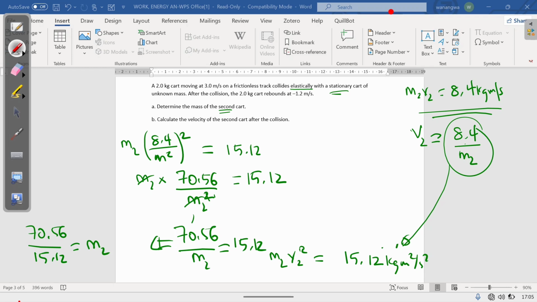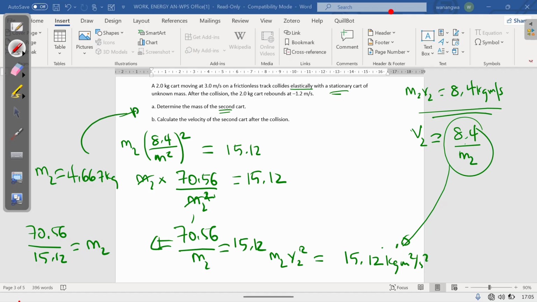Okay, so this divided by 15.12. So m2 becomes, let me write it here, m2 is equal to 4.667 kg. Can you see that? That's the mass right here. That's the one that we're looking for in part A.